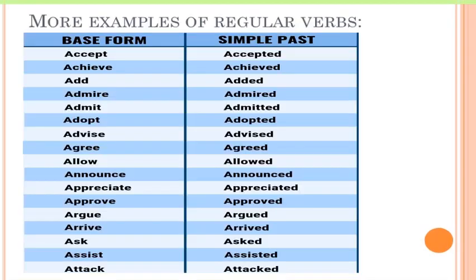Here are some examples of regular verbs. The base form is the first form of the verb and the simple past form is the second form of the verb.